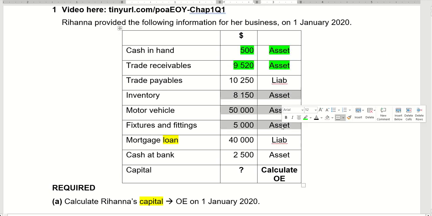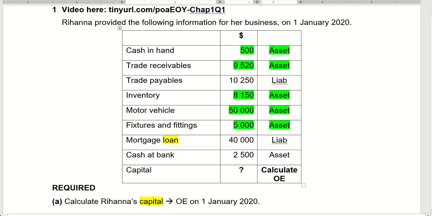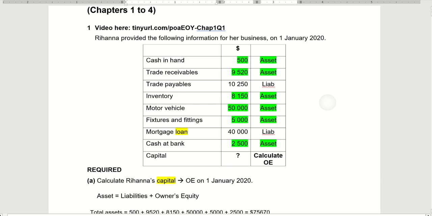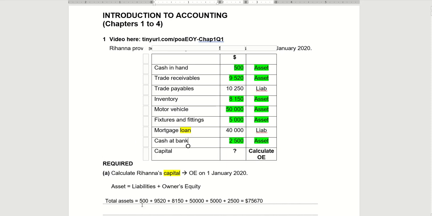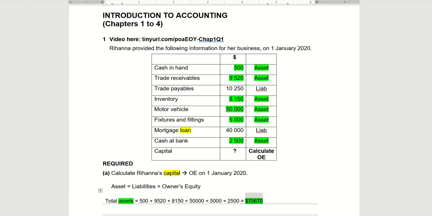So these are my total assets. I will classify them and list them down, and I will come up with an answer of $75,670 as my total assets.